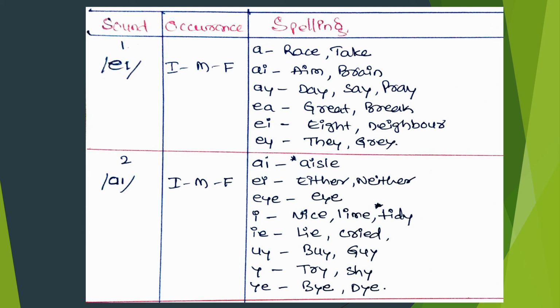And it is also represented with EI, in words such as EITHER. Some people used to say this one differently, but it's not a British pronunciation, it's American pronunciation.